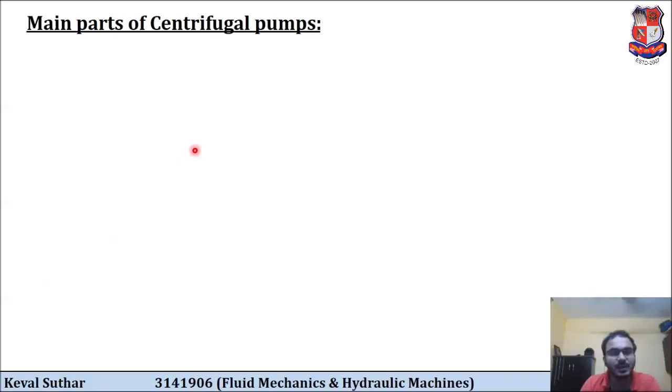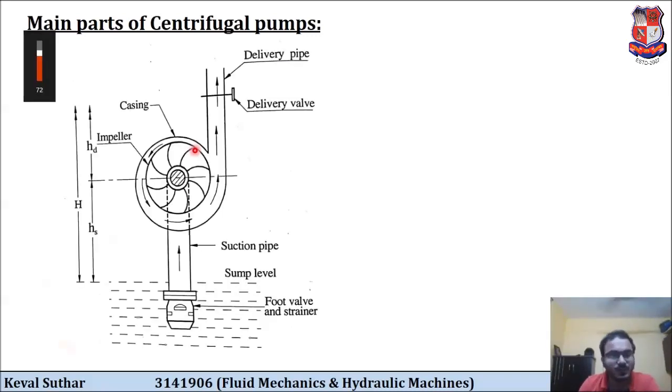Now we will see the main parts of a centrifugal pump. Here is the basic figure of a centrifugal pump. As you can see in this figure, from the middle, we have this rotating element which has vanes inside it. It is called the impeller. Then on the outer side of the impeller, we have a casing which has gradually increasing area.